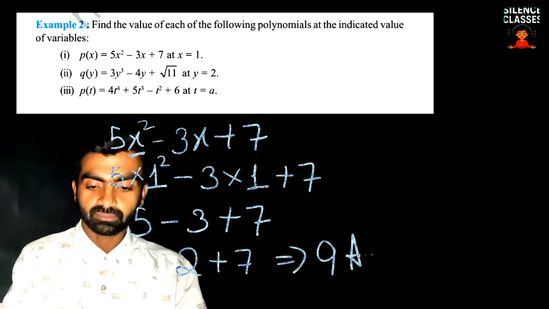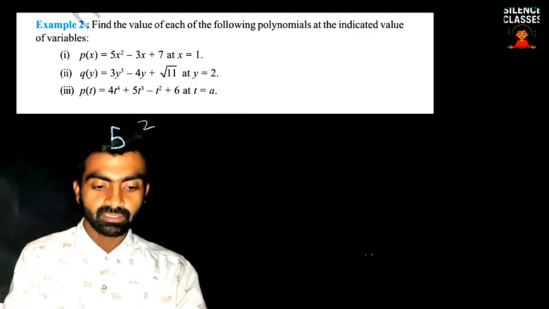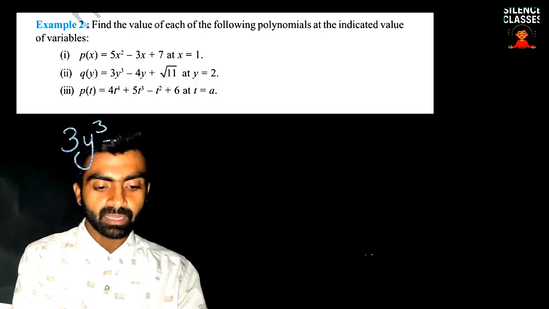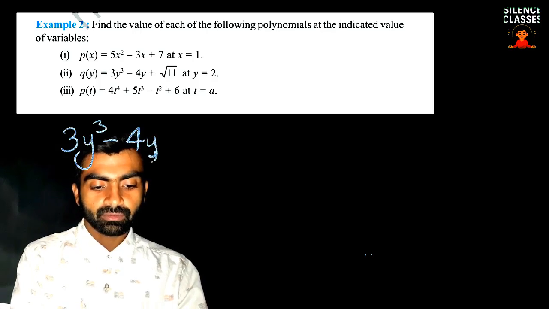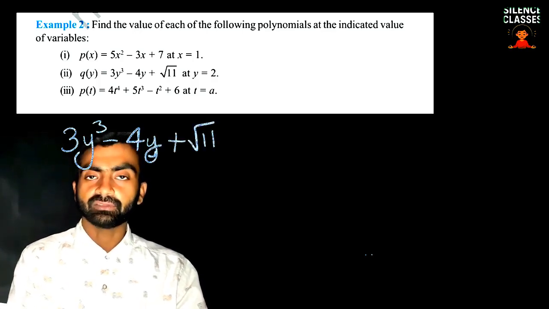Now let's move to the next part. The question is saying 3y cube minus 4y plus root 11. We have to put y equal to 2.